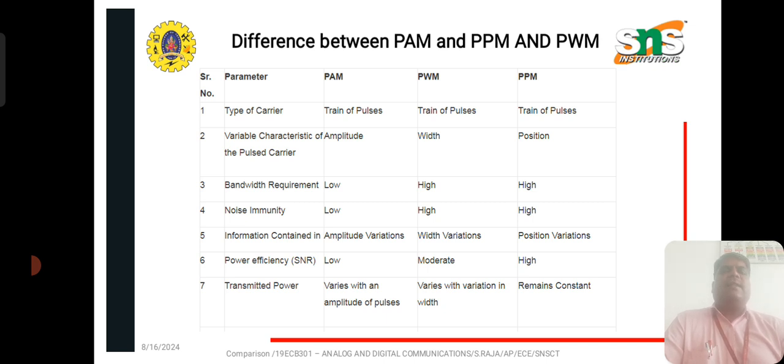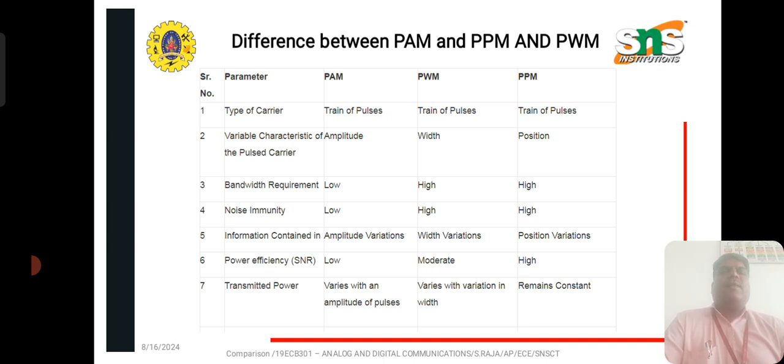Information contained in the modulation: in PAM it is amplitude variation, in PWM it is width variation, and in PPM it is position variation, that is only the position of the pulse is varying. Power efficiency, that is signal to noise ratio: PPM has a higher value, PWM has a moderate value, and PAM has a lower value.